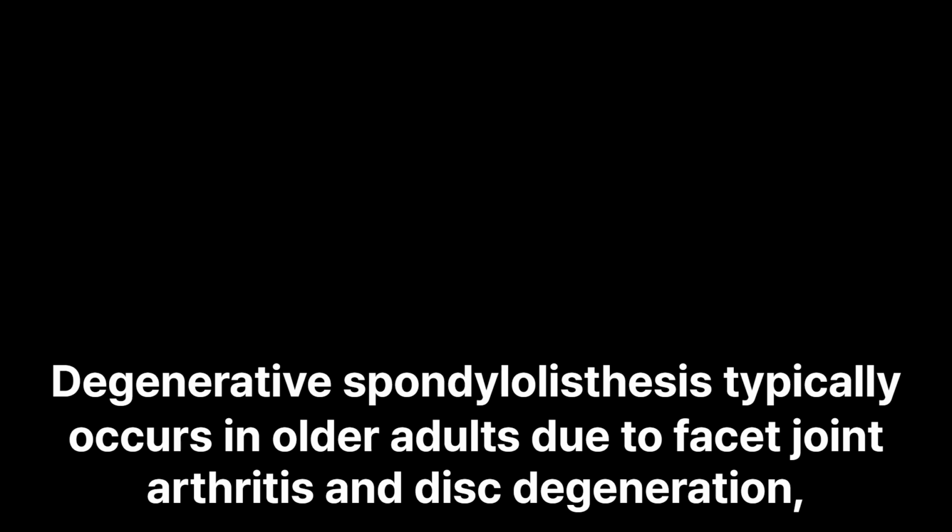Degenerative spondylolisthesis typically occurs in older adults due to facet joint arthritis and disc degeneration, while ischemic spondylolisthesis usually results from a pars interarticularis defect, often seen in younger individuals.